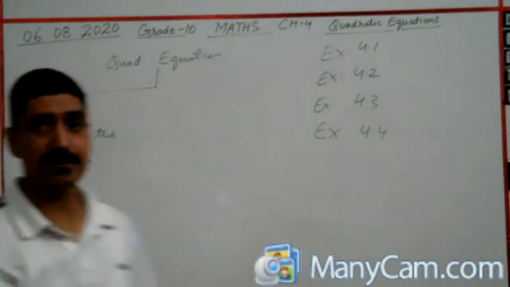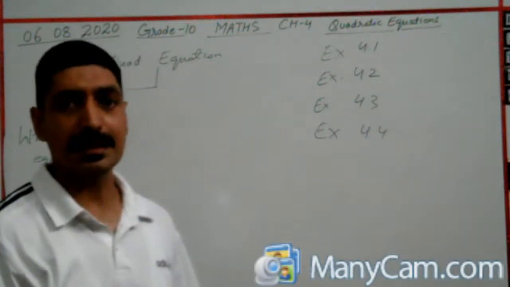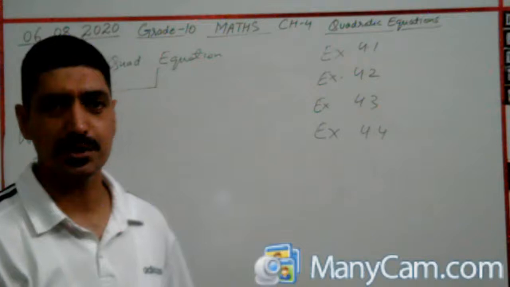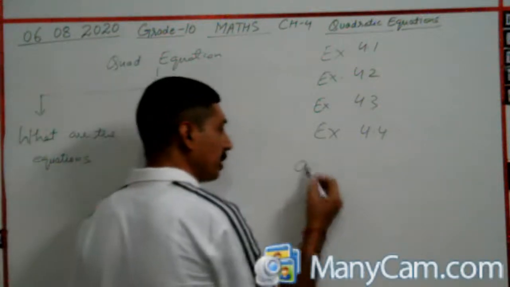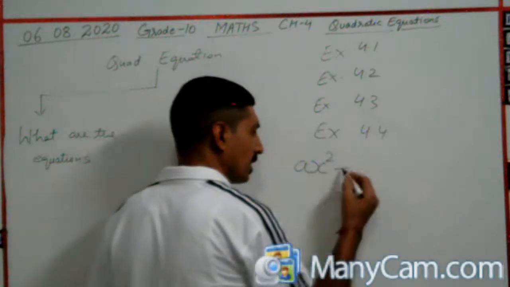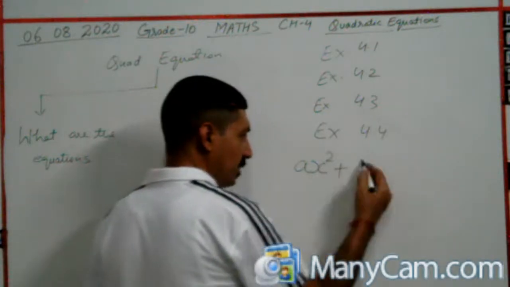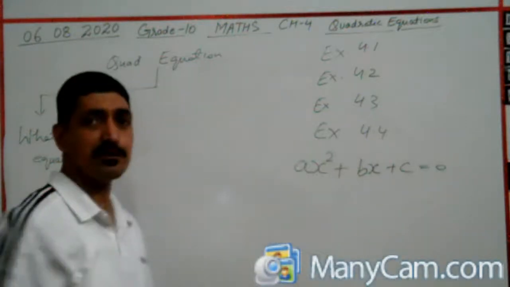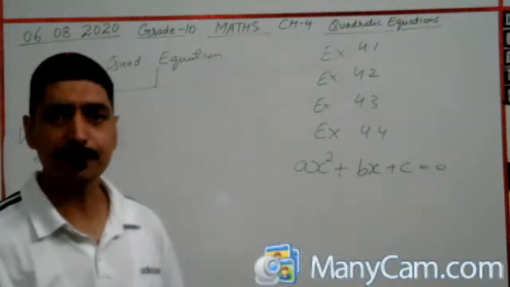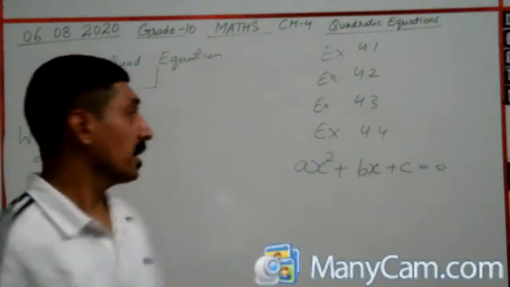And the different ways of representing the quadratic equations. Always the quadratic equations will not be in the standard form, like ax square plus bx plus c is equal to 0. They may be in very different forms. So the very first exercise is based on the equations.